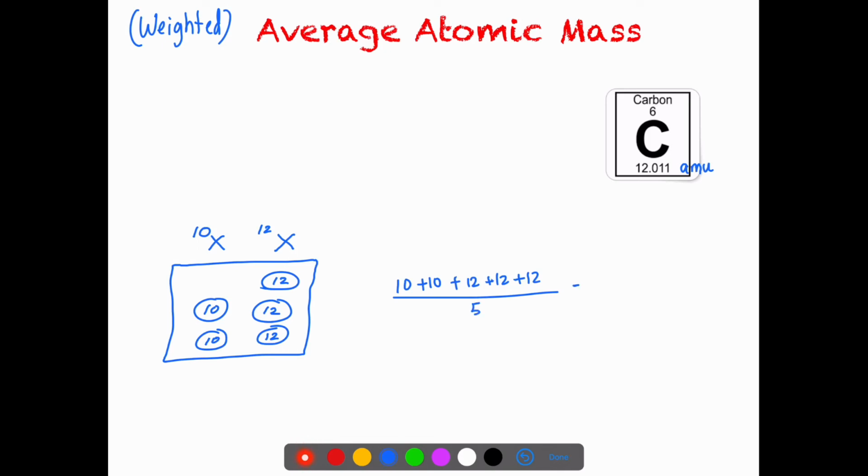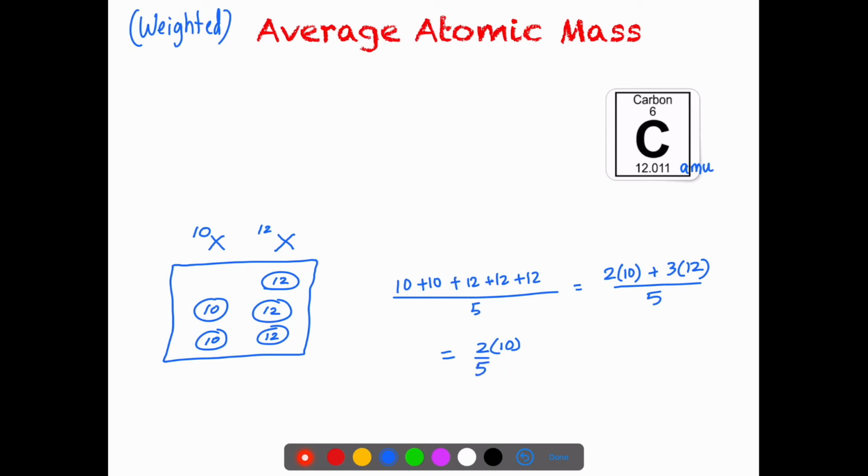This can be rewritten as 2 times 10, because you have two tens, plus 3 times 12, divided by 5. Now we can distribute the denominator using algebra. So we can rewrite this further as 2 times 10 over 5. It doesn't matter if I write over 5 like this or put the 5 under the 2.